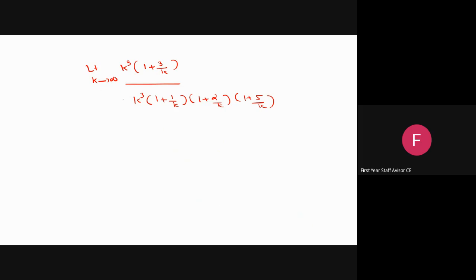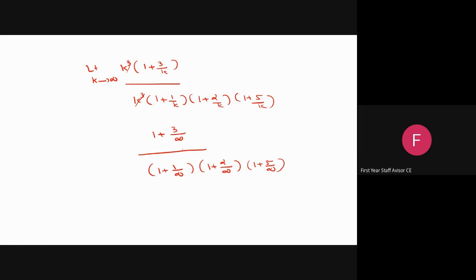Take the limit value, put the limit value. So here k cube cancelled. Then we get 1 plus 3 by infinity divided by (1 plus 1 by infinity) into (1 plus 2 by infinity) into (1 plus 5 by infinity).